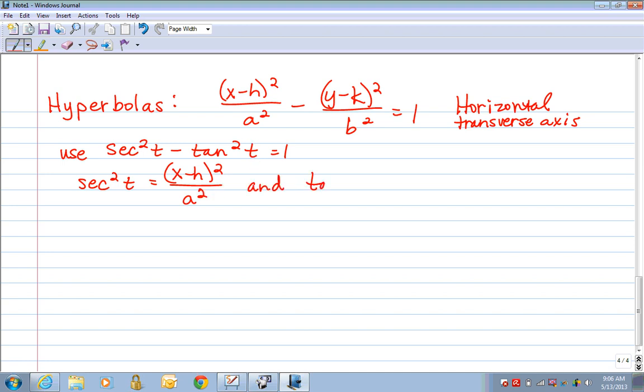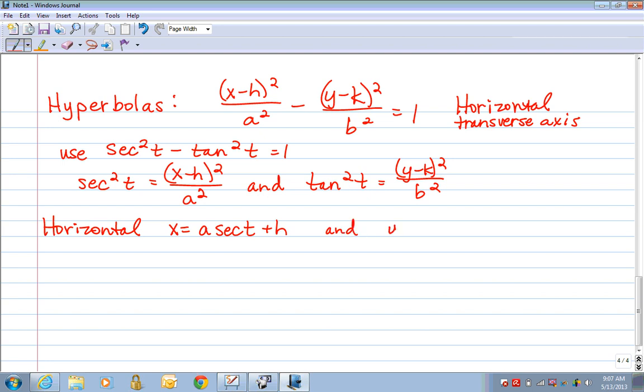And the tangent squared t being the second fraction, and solving for the parametric, I'll just write horizontal and then vertical, but we yield the parametric equations. X equals a times the secant of t plus h, and y equals b times the tangent of t plus k.